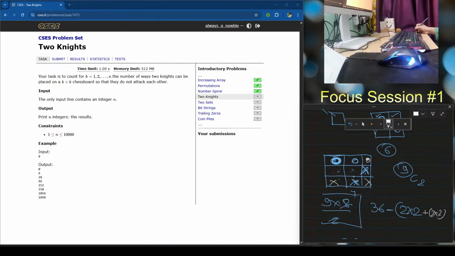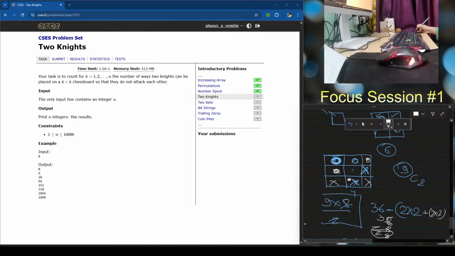And this I cannot place here or here. So it's every time 2 cross 2. Hmm. 4, 4, 8. 36, subtracting 8. So there are 28 total valid positions.